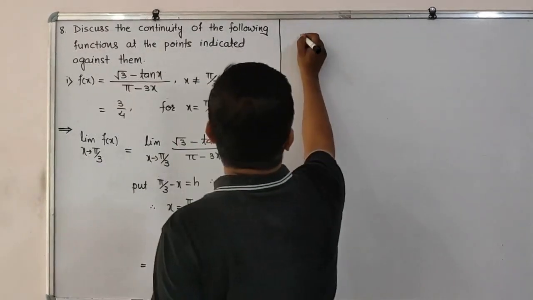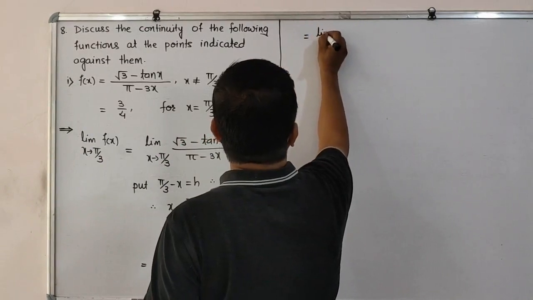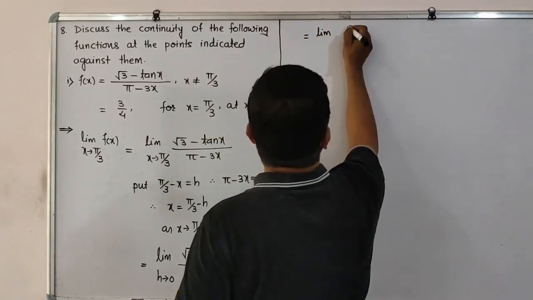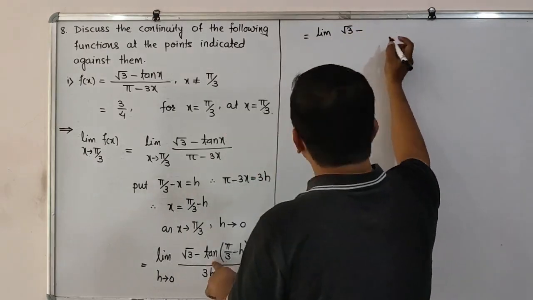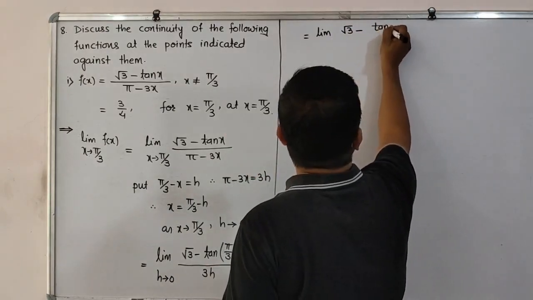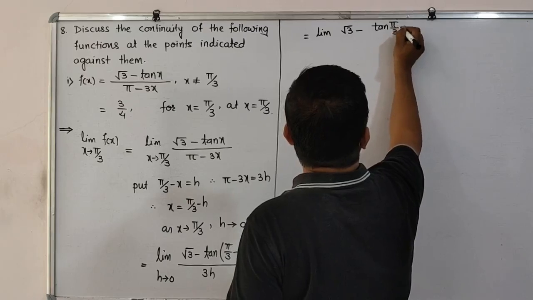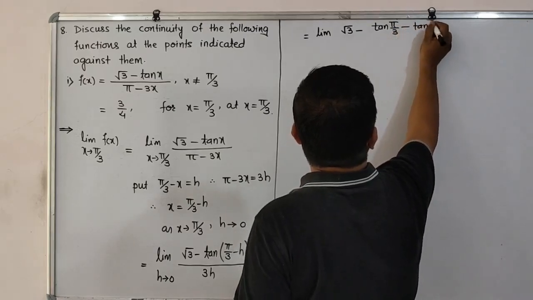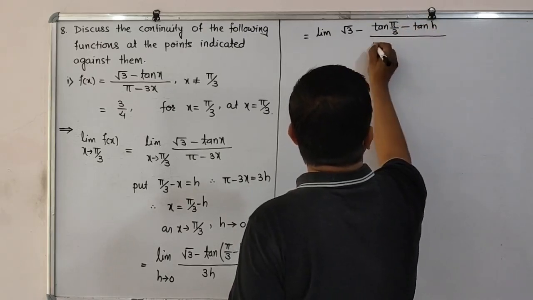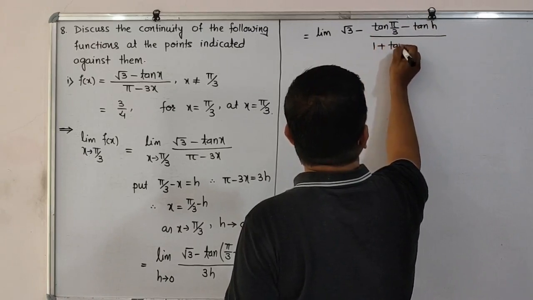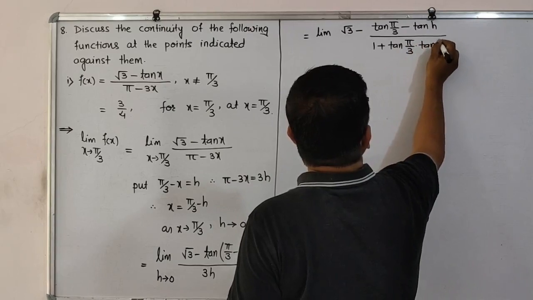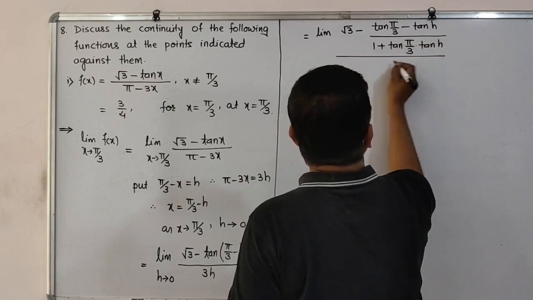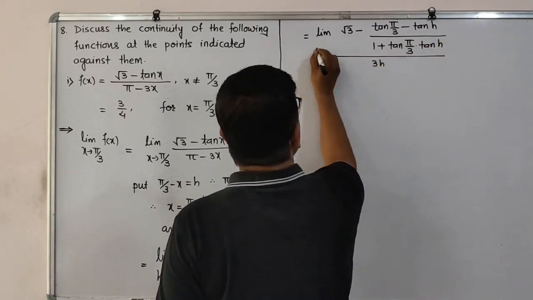Therefore, this limit becomes the limit of root 3 minus (tan of pi by 3 minus tan h) upon (1 plus tan pi by 3 into tan h), divided by 3h as h tends to 0.